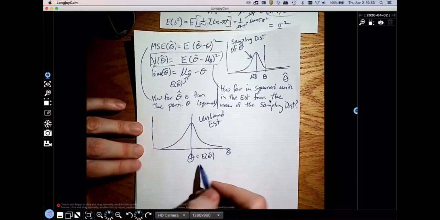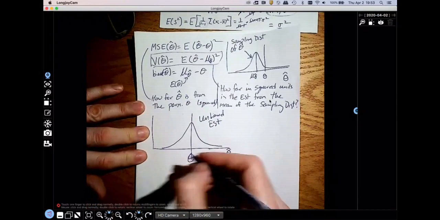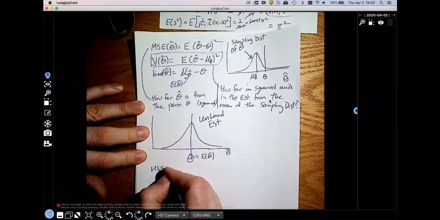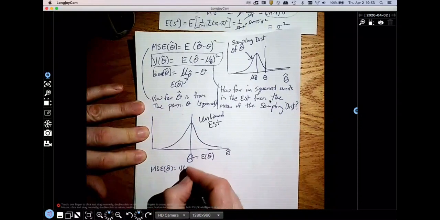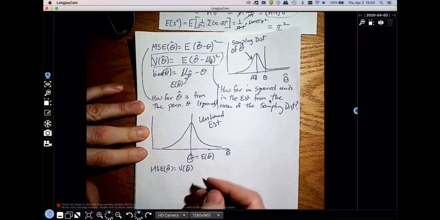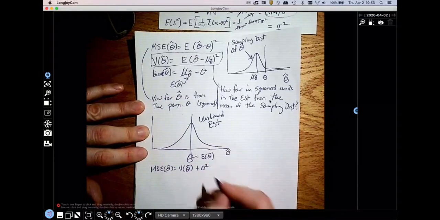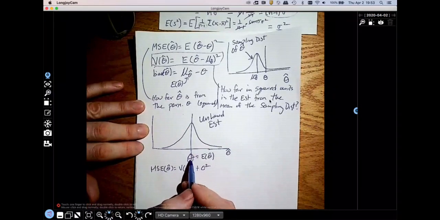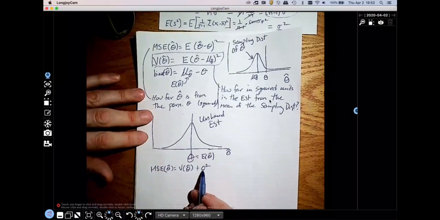On the average we get this value, which is the parameter. Here the mean squared error of my estimator is just the variance of the estimator, because the bias is 0, so we could say plus 0 squared. The difference between these two gives us our bias, and since that's the same value, we're just adding a 0.